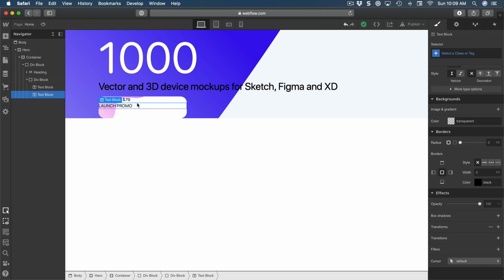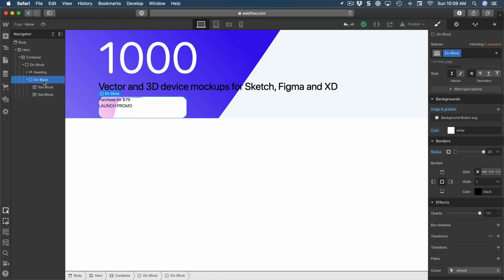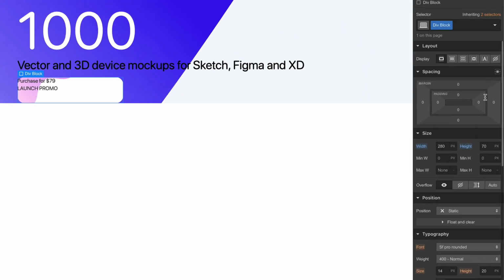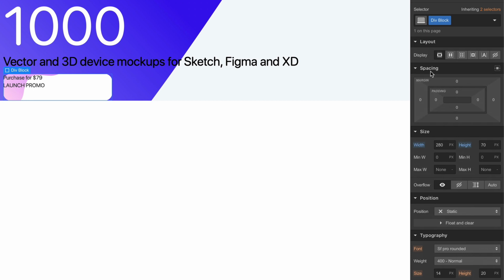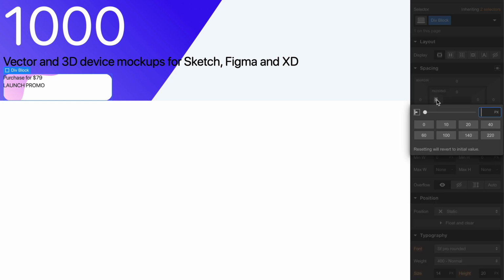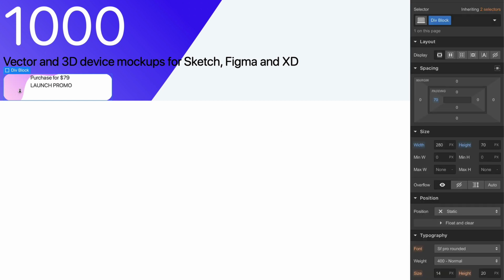So the best thing is to set the padding for the div block so that we can push the content a little bit. So I'm going to set a padding right here where it says spacing, and the padding is going to be 70 from the left. So I can type 70, press enter. So it's going to push the content a little bit.